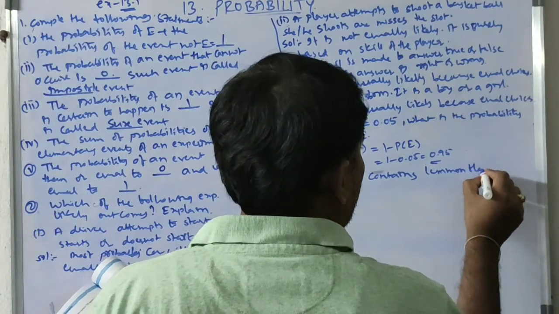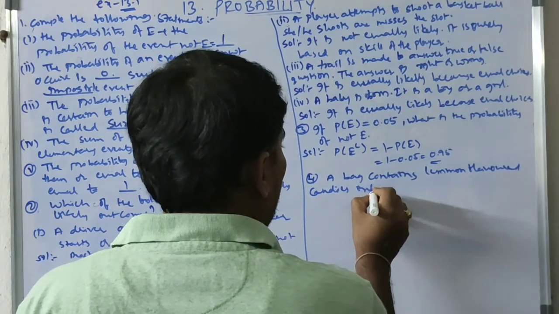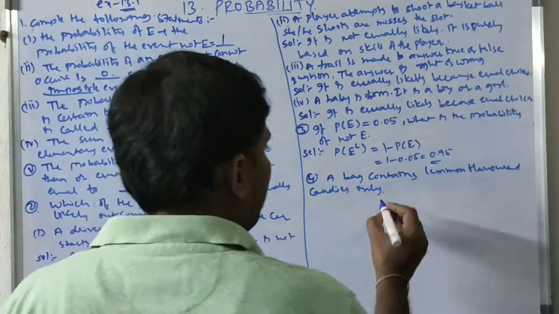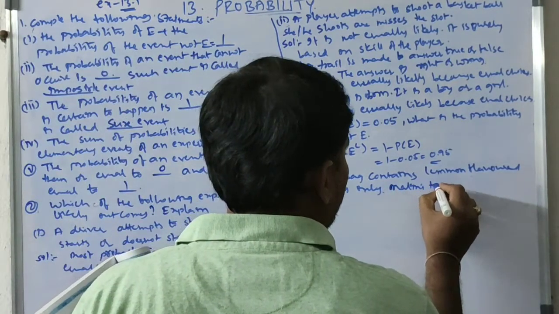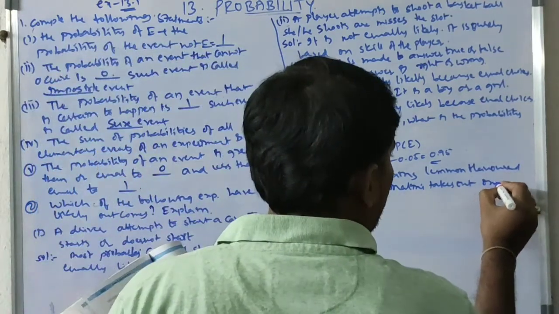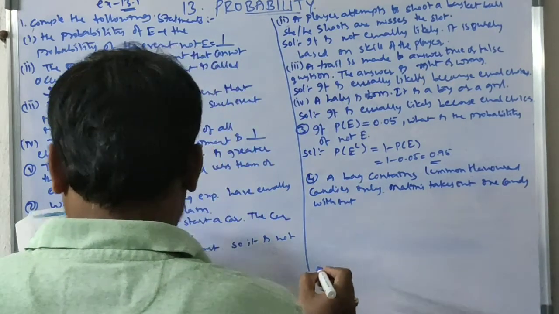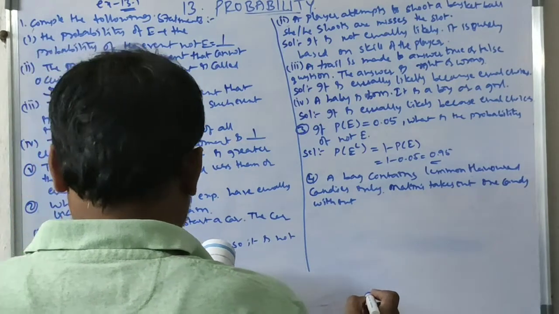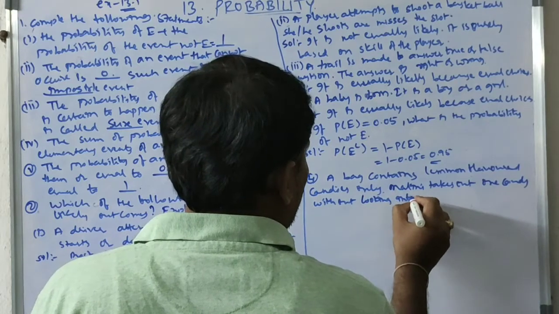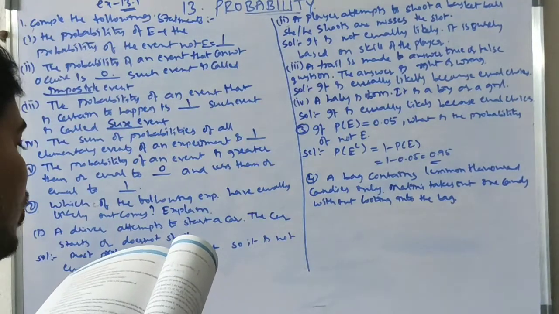Malini takes out one candy without looking into the bag. So she is picking one candy without looking into the bag.